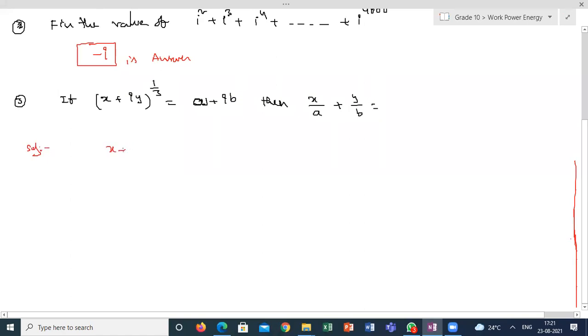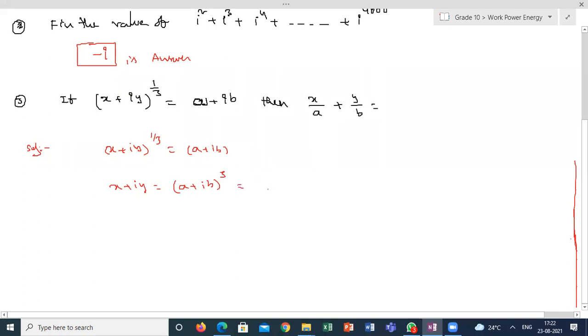Sir, we basically have to cube on both sides. Okay. Cubing both sides gives x plus iy is equal to a plus ib whole cube. Correct? Yes, sir. Yeah, next.